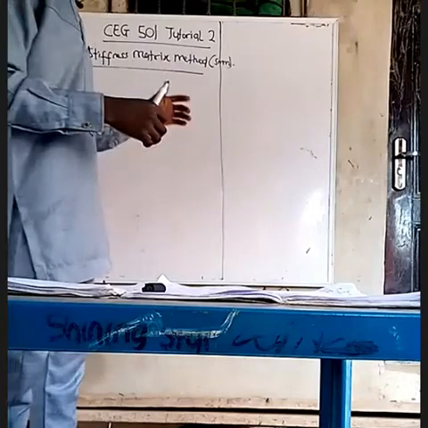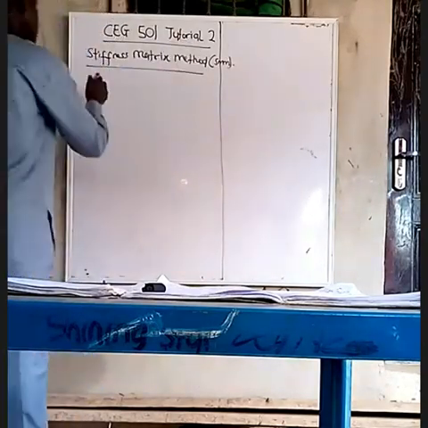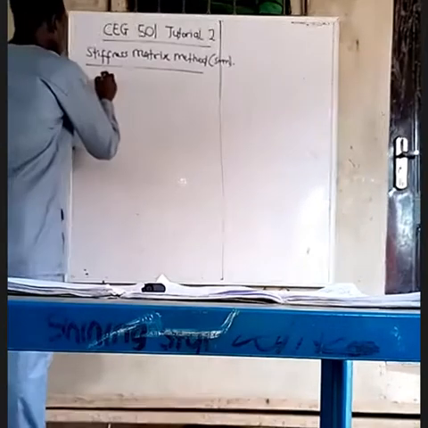Stiffness matrix method is called a displacement method because the displacement is the unknown. But in flexibility matrix method, the force is the unknown.